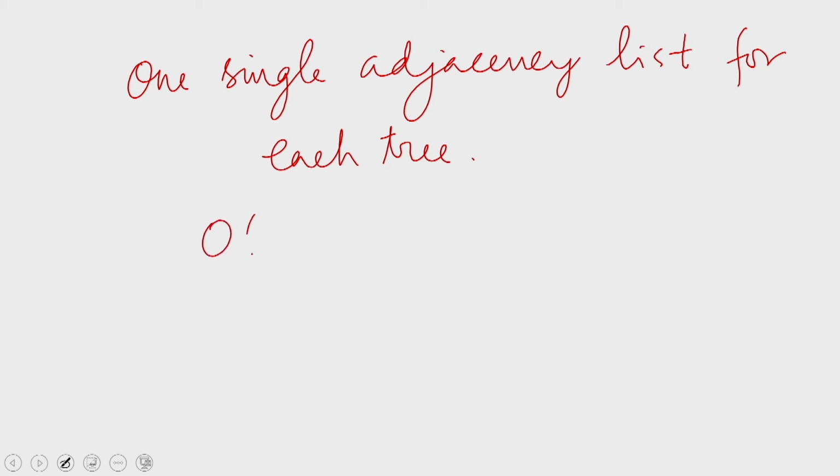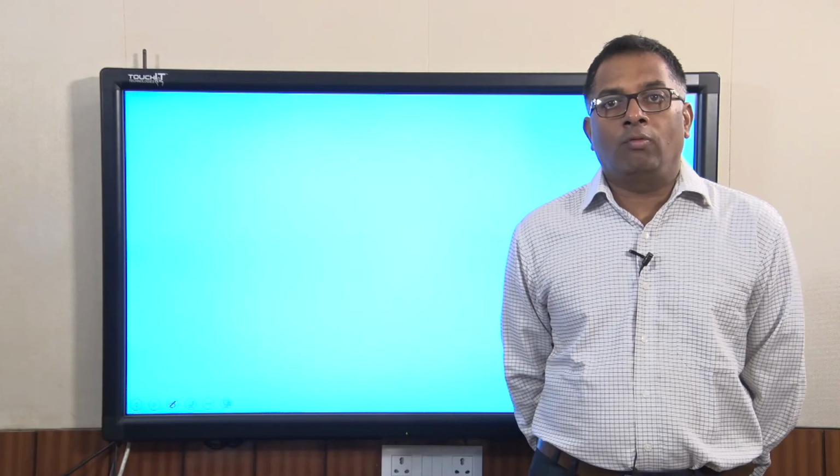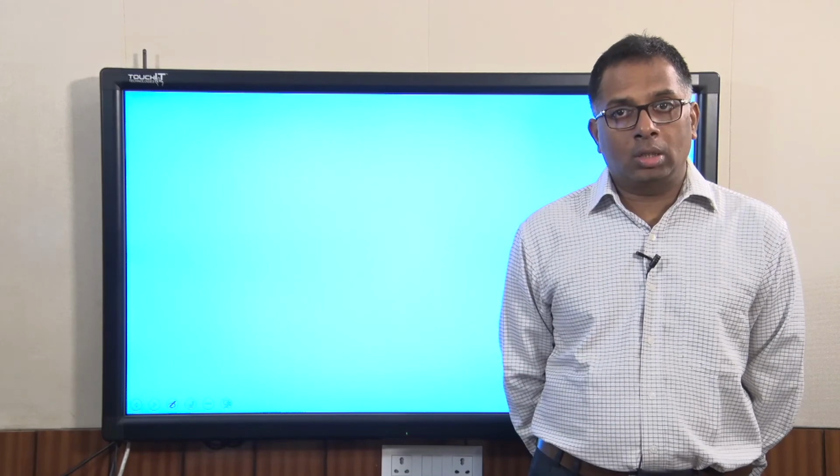We can do this in order one time using n processors. So, that is what we did in the third step. We have collected all the adjacency lists of the vertices of the tree together at the root.